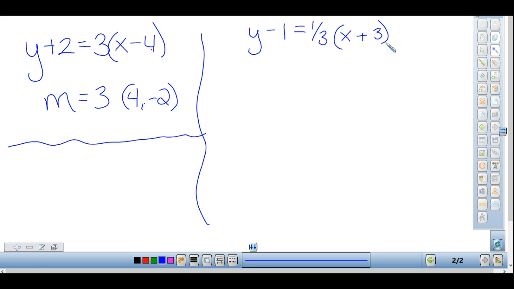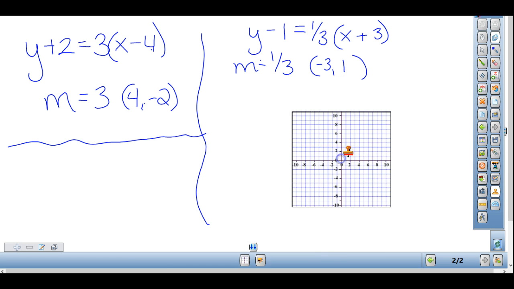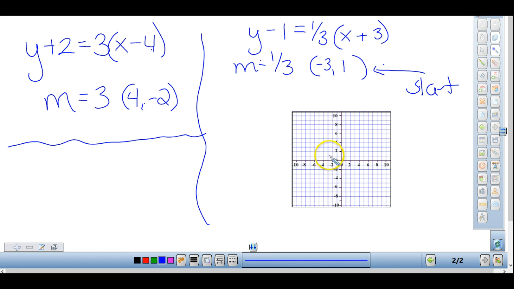Now my m is 1/3, and my point, my x portion's right here. It's opposite of this, so -3, comma, my y is over here, is 1. So when I go to graph this, this is going to be my starting point. So I'm going to start at -3, 1, which is right there.